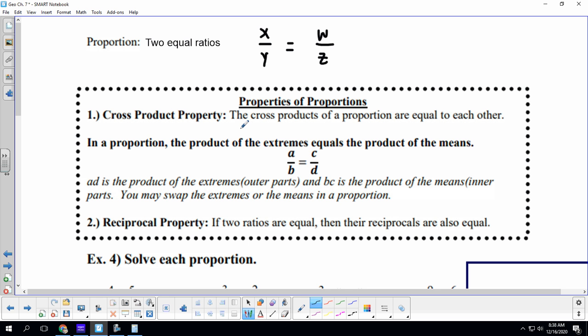Cross product property: the cross products of a proportion are equal to each other. So the cross products, it makes a little X. So what they're trying to say is AD is equal to CB.